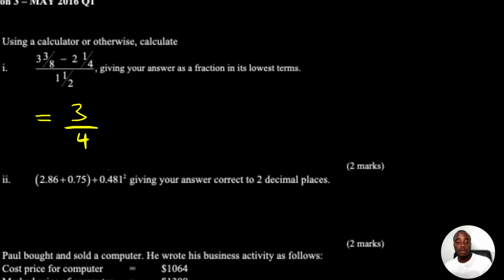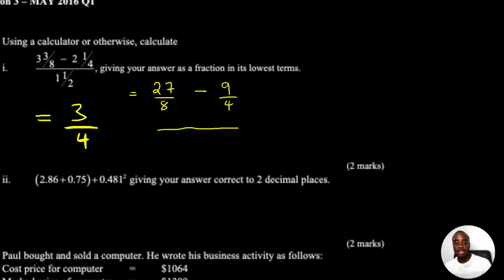So 3 3/8, we can turn it into an improper fraction. That would be 3 times 8, which is 24, plus 3, so that's 27/8. And 2 1/4 is 2 times 4, 8, plus 1, that's 9/4.